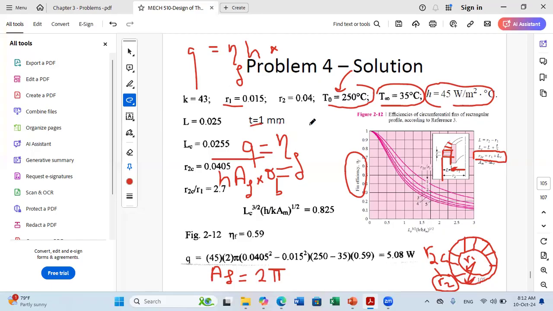So for the corrected length, we should add to R2 the value of T over 2, the thickness over 2. So R2 plus T over 2 will give us the corrected value, R2 corrected.